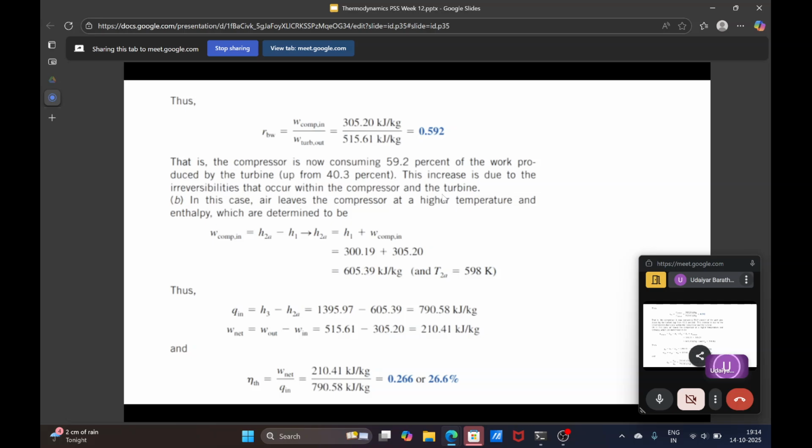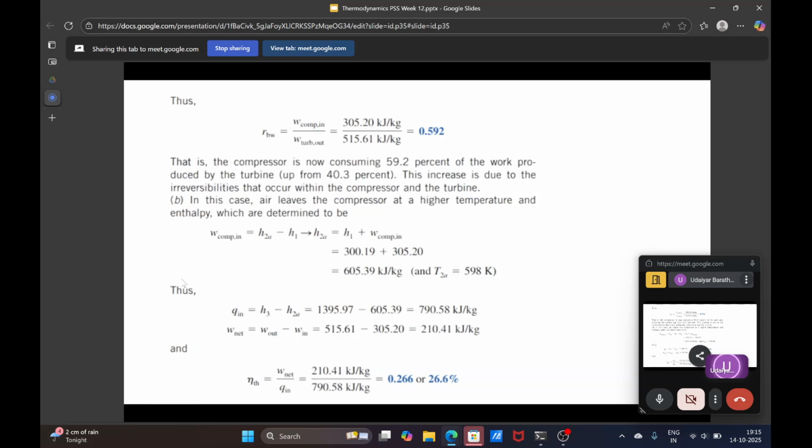Next, the air leaves the compressor at a higher temperature and enthalpy. The actual H2A is H1 plus W compressor in, which is 605.39 kilojoule per kg. Based on this enthalpy and pressure value, T2A comes out to be 598 Kelvin.